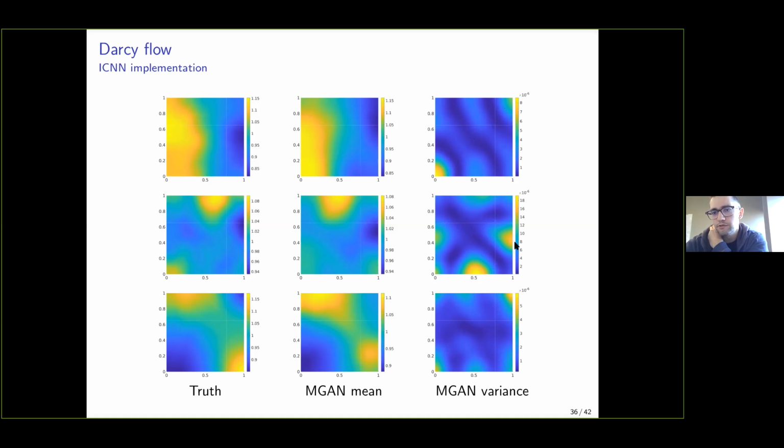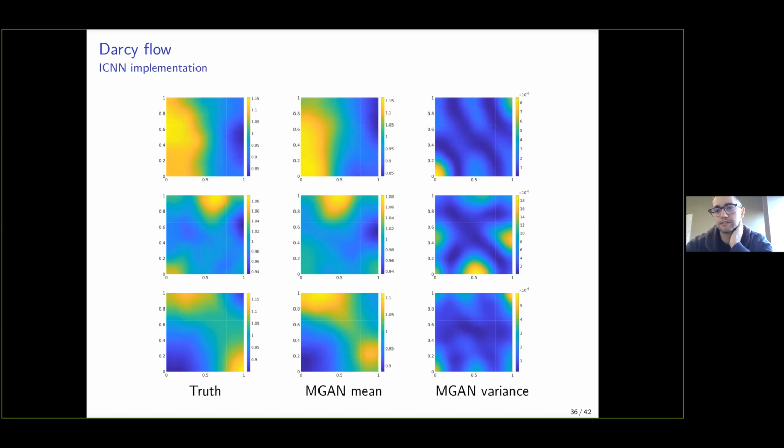You also expect to see higher variances in the corners, which is exactly what we're seeing. If you're familiar with Gaussian process regression, these are the things you expect to see because you don't have information outside the domain, so your variances go up. So for now, these images are only telling me that things are working as I expect them to.